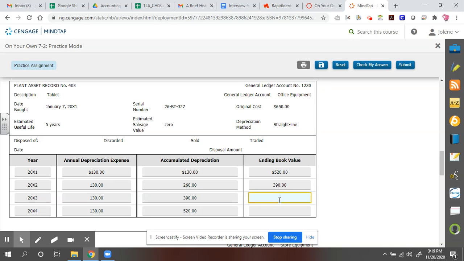It's worth 390. You take another 130 off, and it's 260. Take another 130 off. At the end of the fourth year, it's only worth 130. Just look at what it's asking for at the top of the column and give them what they want.